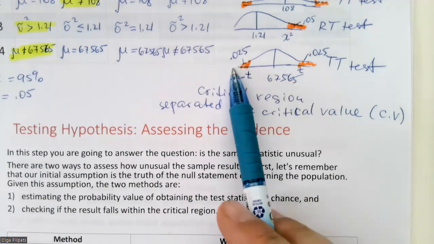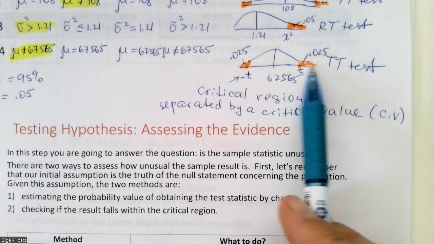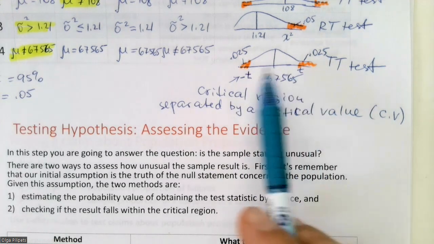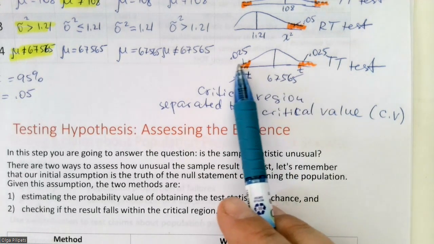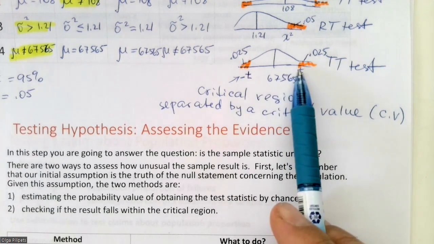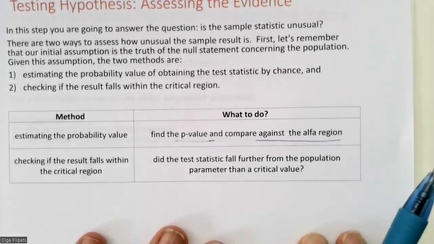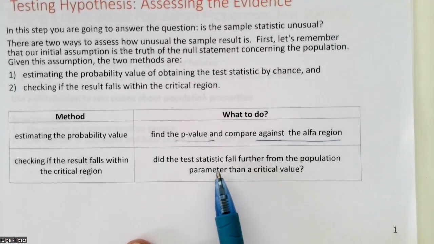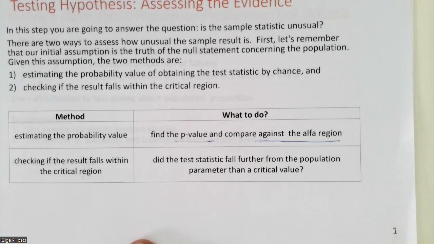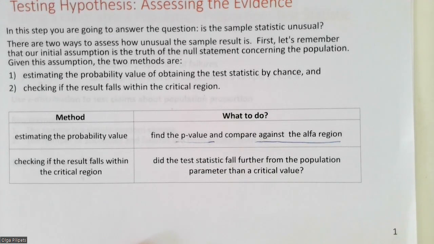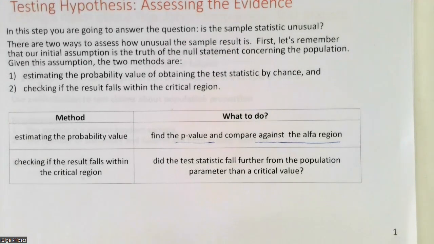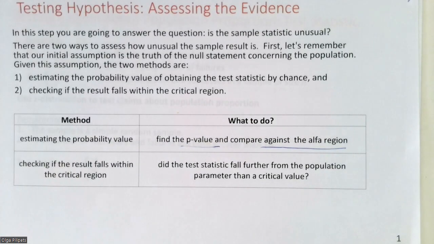Is it unusually high? Remember, the unusually high values and unusually low values fall far away in the tails where the critical region is. If so, then we conclude that our results were unusual, and therefore the null is not true. So that's the logic that we're going to use.